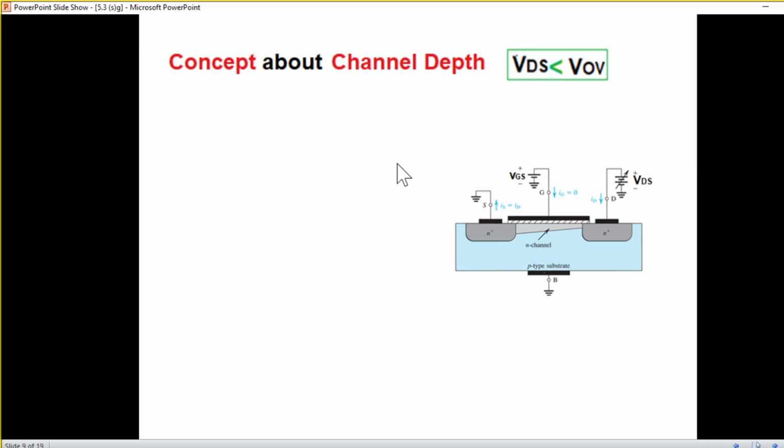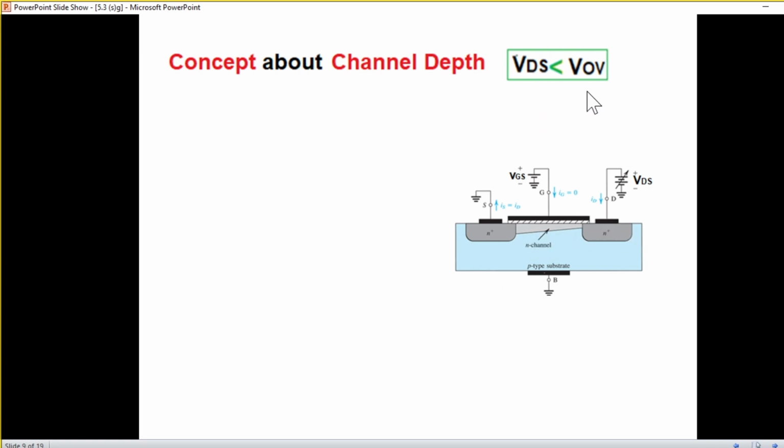Okay, now before we proceed further, we have to build a concept of channel depth. You can see here the channel is not straight. It has more depth here and less depth here, and this is a taper shape.